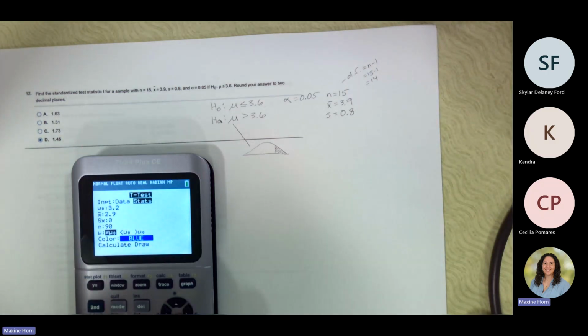All right, so we have our population mean. We have 3.6. Our sample mean is 3.9, our sample standard deviation is 0.8, our sample size is 15, and this is a right-tailed test. It's greater than. Okay.